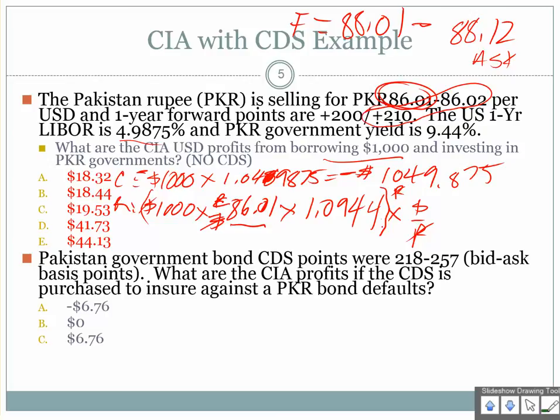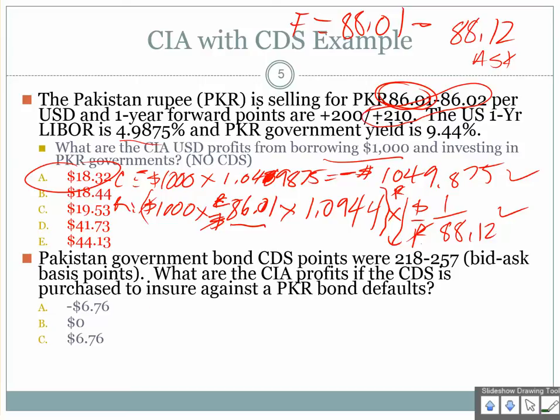Then when we enter into a contract to sell the rupees forward to get dollars, we also get the lowest amount. So it's the lowest dollar per rupee exchange rate, which is 1 over the highest. This strategy is going to yield a profit of about $18, when I work through my cost and my proceeds.